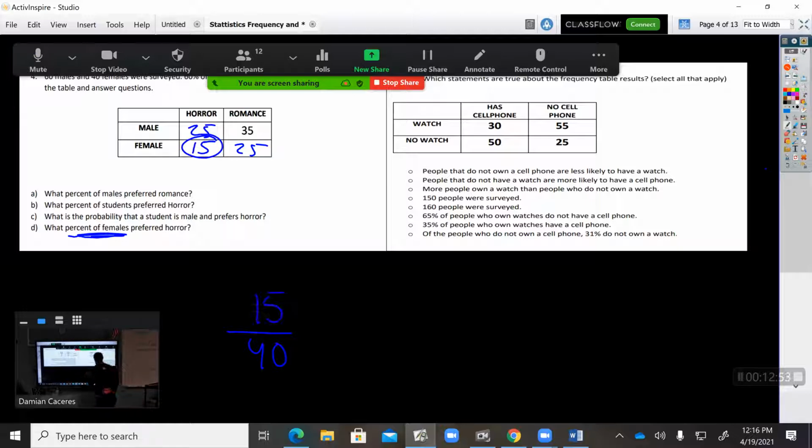So 15 divided by 40 equals how much? What is it? 37.5? Correct. 37.5%, or you could round to 38%. Any questions so far?